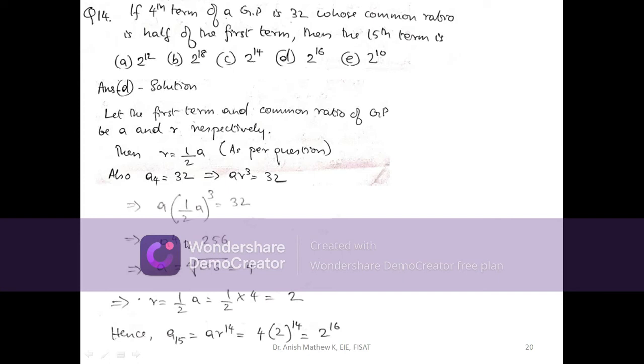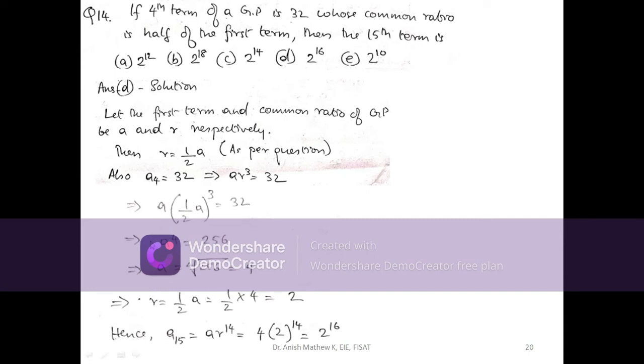1 by 2 whole cube means 1 by 8. So a into a cube is a raised to 4 equals 32 into 8. What is 32 into 8? 8 2s are 16, so it is 256.